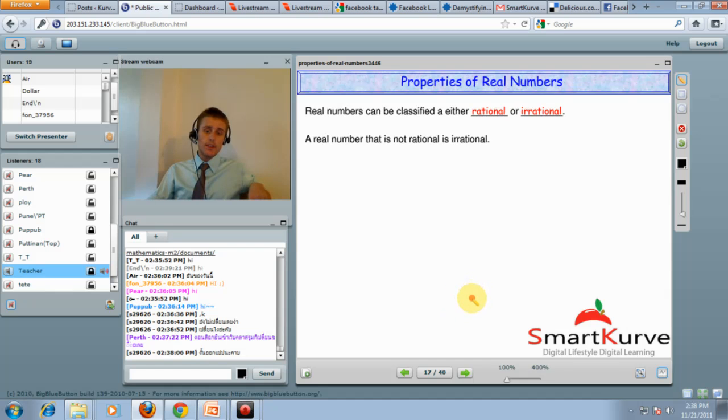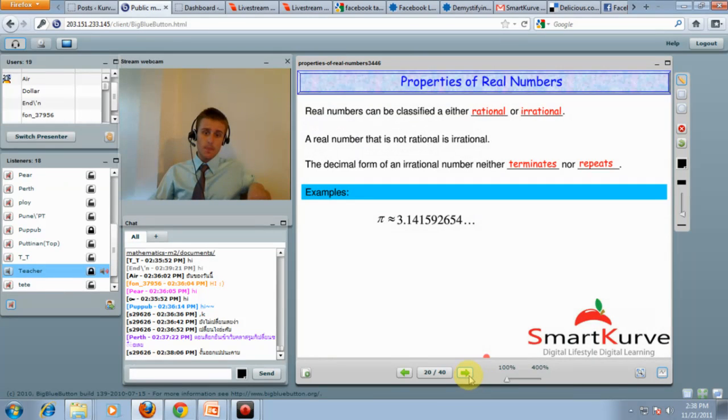A real number that is not rational is irrational. The decimal form of an irrational number neither terminates nor repeats. Pi is an irrational number. Pi equals 3.141592654, and it continues off into infinity.